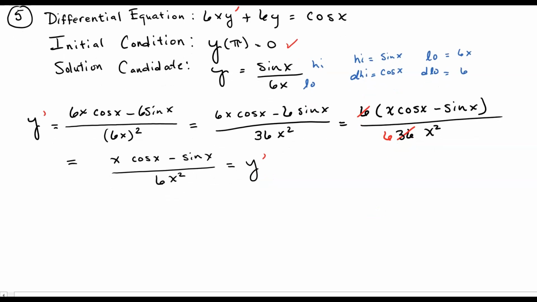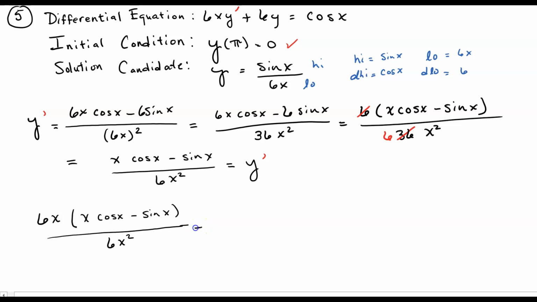Now we're going to check if everything checks out. Does this work for my differential equation? So let's check this out. We are told that for the differential equation to work, 6x should get multiplied by y prime. And so what we're going to do is multiply it by x cosine x minus the sine x, all divided by 6x squared right there.